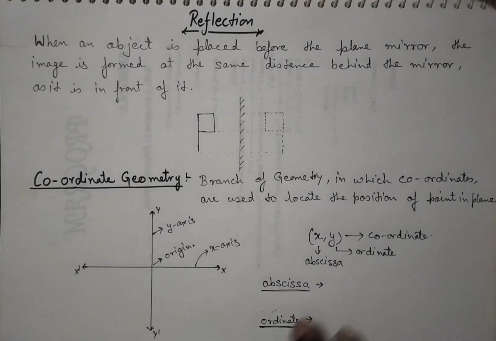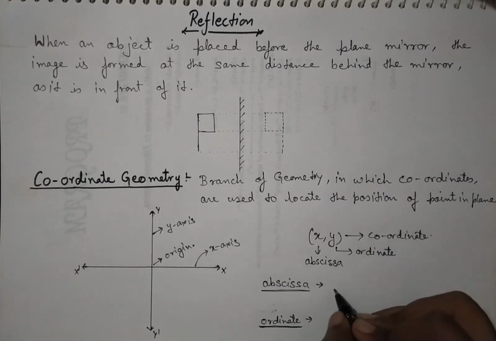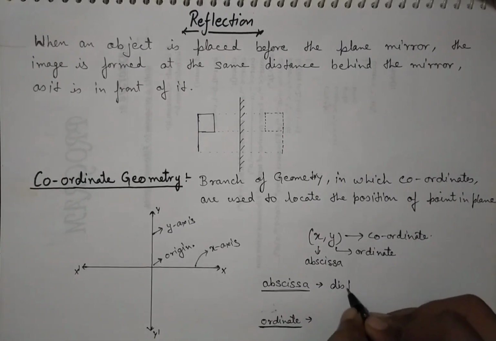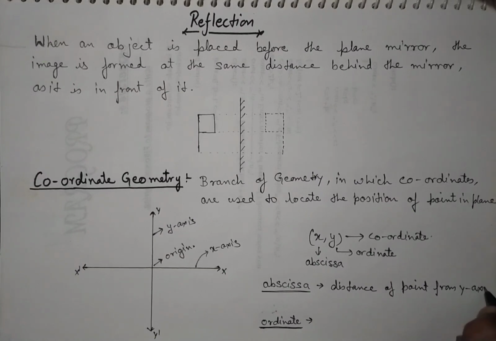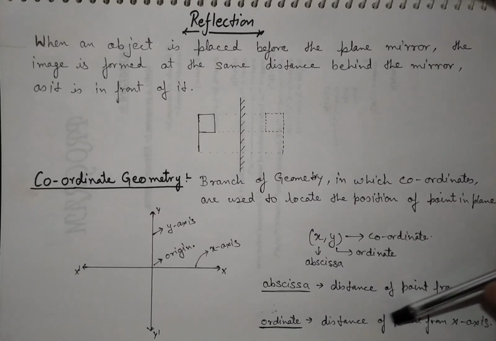Now the abscissa is the distance of the point from the y-axis, and similarly the ordinate is the distance of a point from the x-axis.